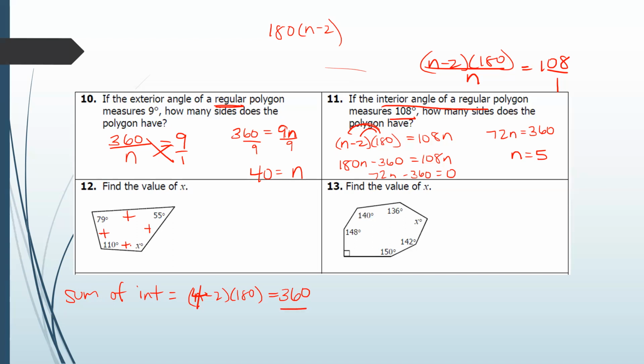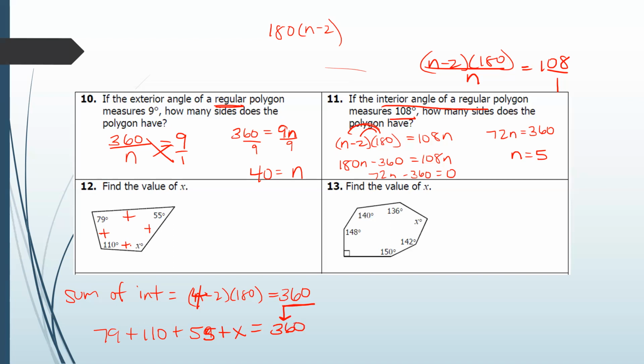So we can say 79 plus 110 plus 55 plus that missing angle, x. They all have to add up to 360. So that's going to be 360. And now we can just solve for x.